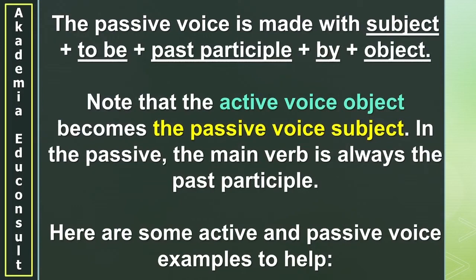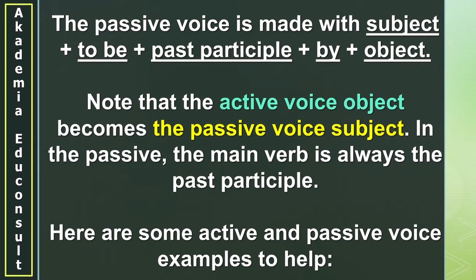The passive voice is made with the following: the subject plus the to be form of the verb plus the verb in the past participle form or the perfective form plus the by and then plus the object. You need to note that the active voice object, as we have said, becomes the passive voice subject.